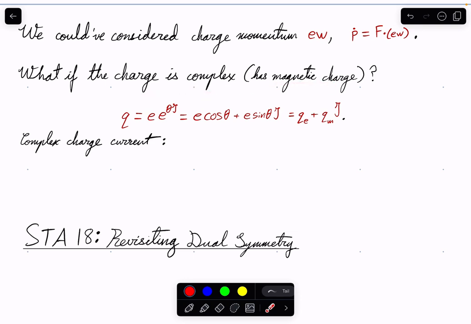There's a phase factor that splits this charge up into an electric component and a magnetic component, QE and QM.